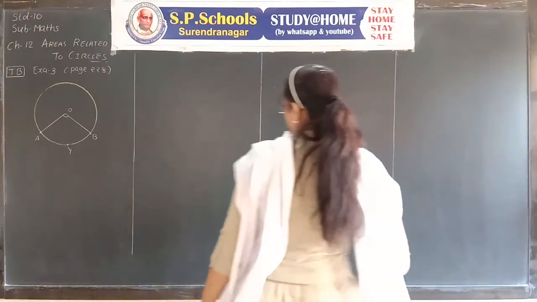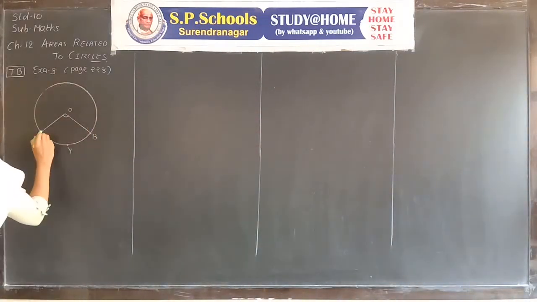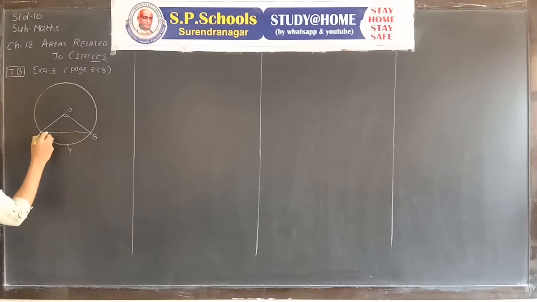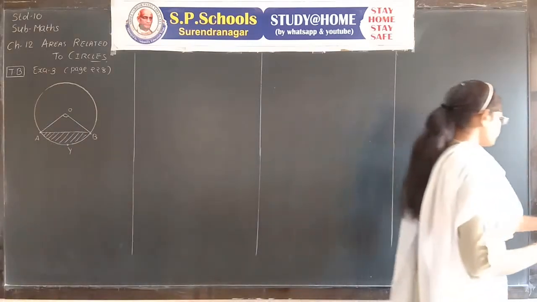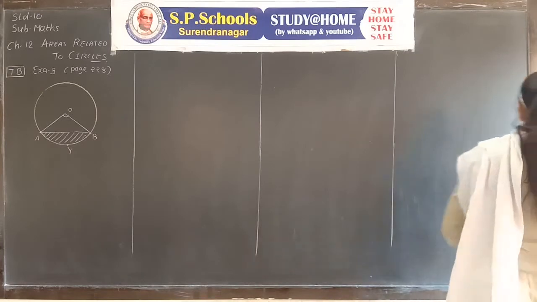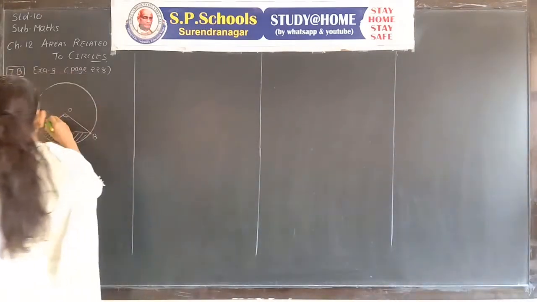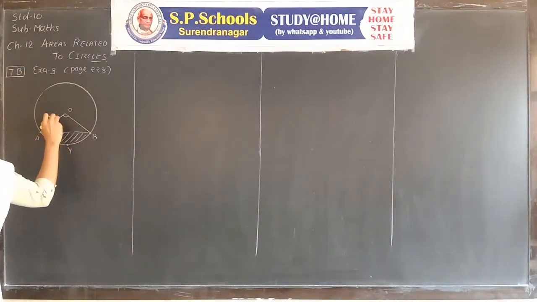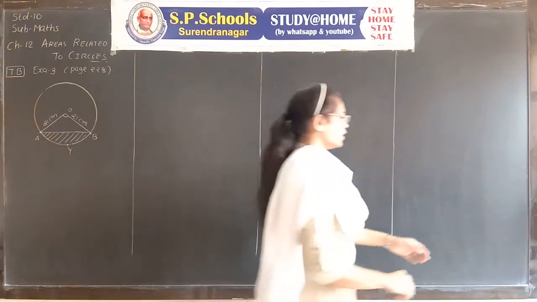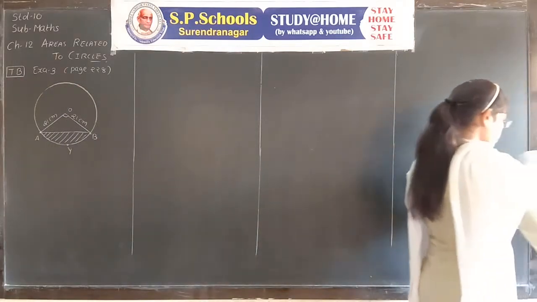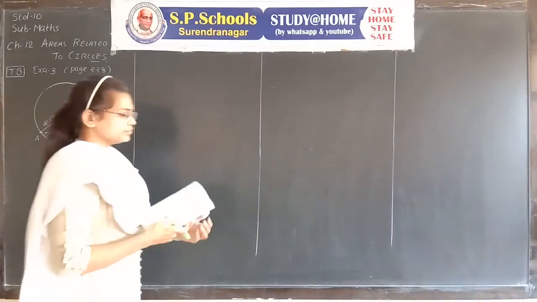For that, we need to join chord AB, and it is a minor segment. The radius is also given, 21 centimeter is the radius of the circle. In your textbook also the figure is given.